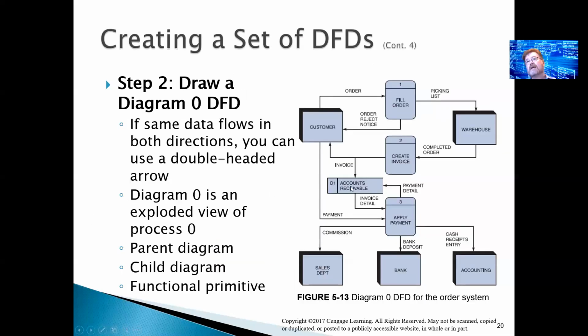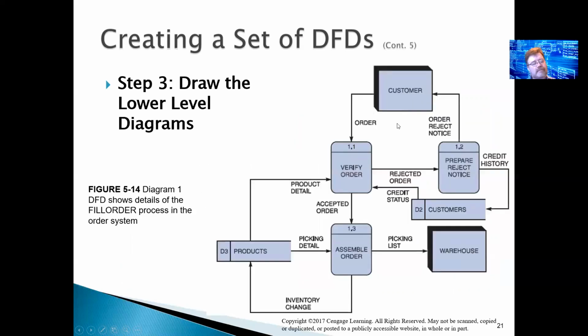So the reason there's a data store here is that this data store interfaces with 2 processes. If you have a data store that's only going to be in one process, it's going to be basically inside the bubble. So again, this is the child, and this would actually be called a level 1.